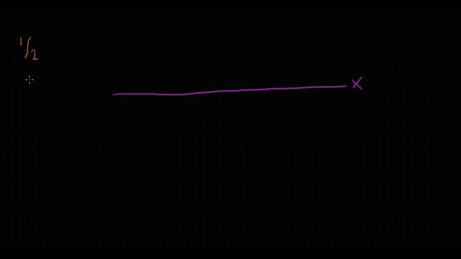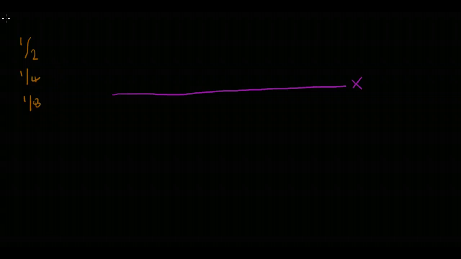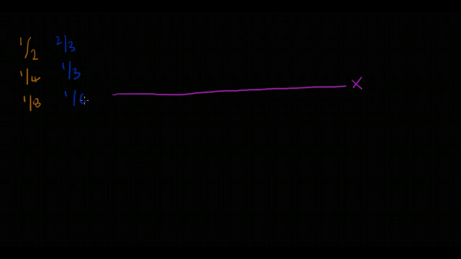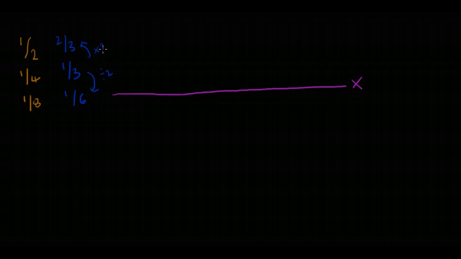That is a half, a quarter, an eighth, and 2/3, 1/3, and 1/6. And I mentioned that a third halved is a sixth, and multiplied by 2 is 2/3, and similarly for a quarter and a half and an eighth.